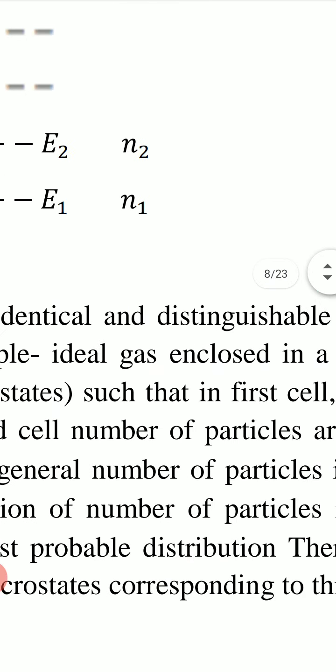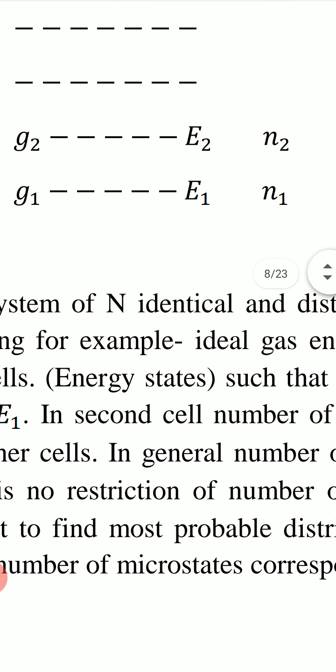Now we consider that these n1 particles which are in energy state of energy E1, these energy states of energy E1 are divided into G1 levels. G1 is the number of levels having same energy E1.